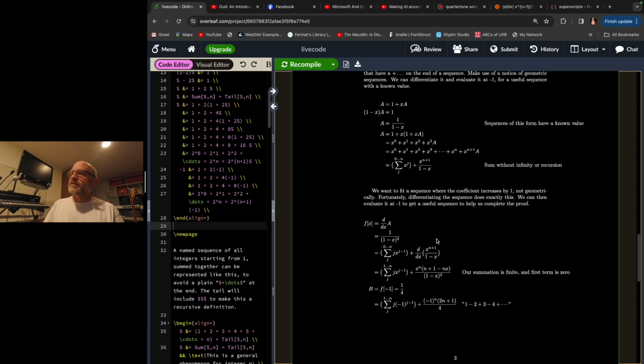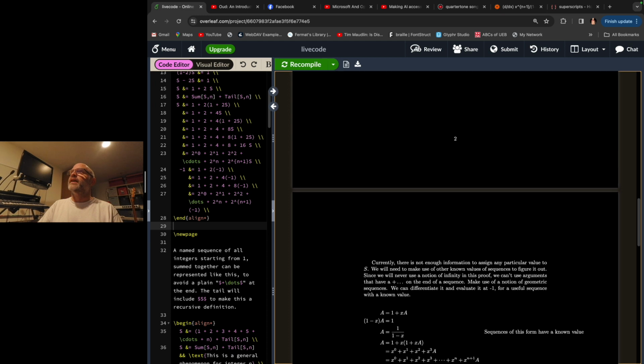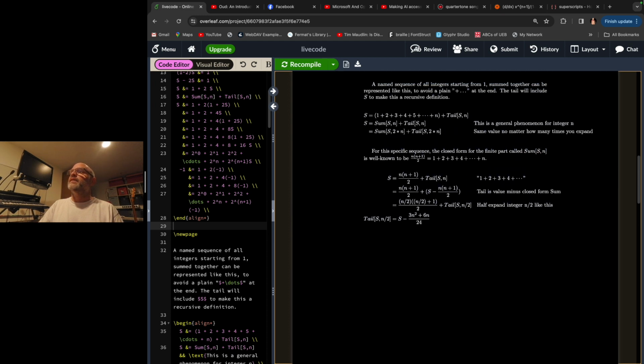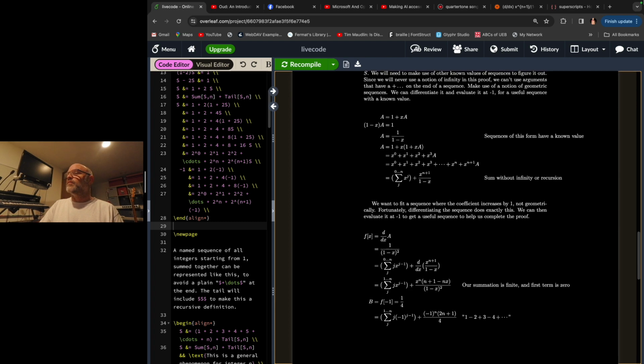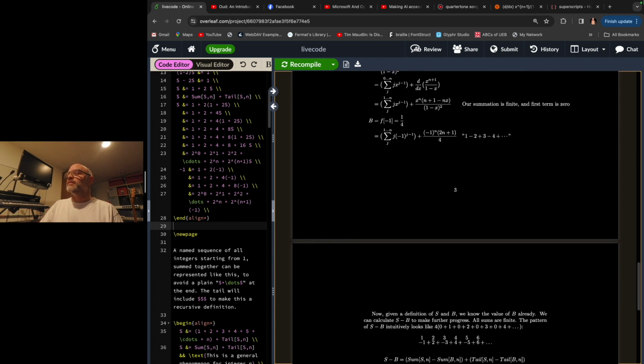The reason why we chose it is because it's pretty similar to the value s. The value s is 1 plus 2 plus 3 plus 4, and this is 1 minus 2 plus 3 minus 4.